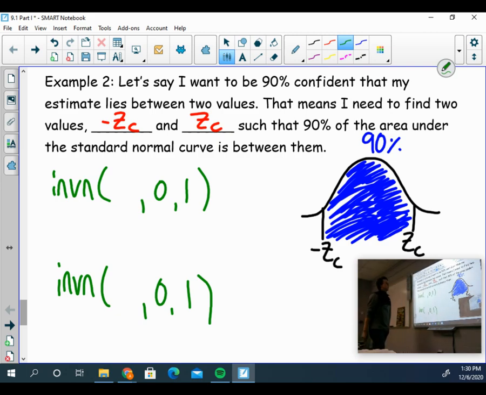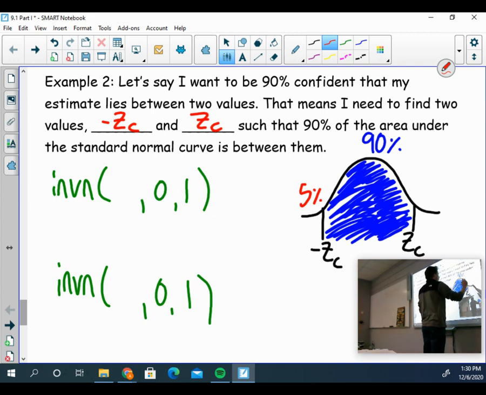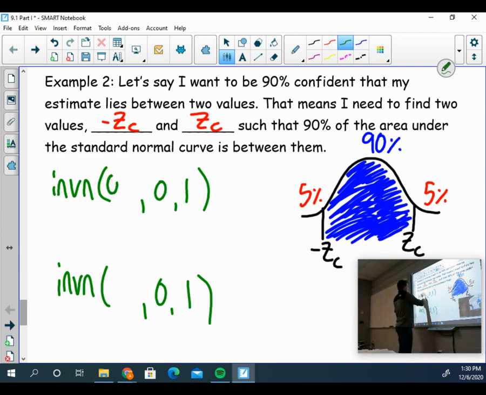Well, if 90% of the data is between negative z of c and z of c, then 10% is left over outside of the area between those two values. 5% on each side. So what's the area left of negative z of c? 0.05. What's the area to the left of z of c? 0.95.